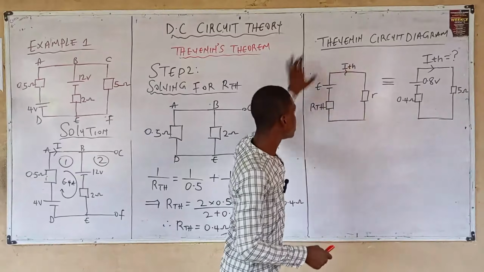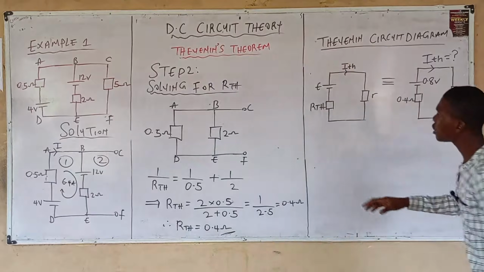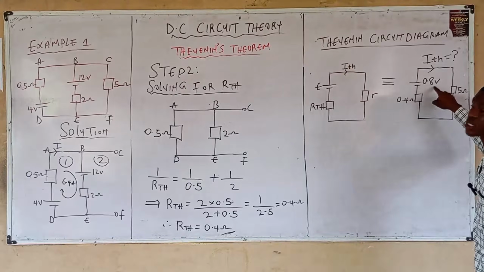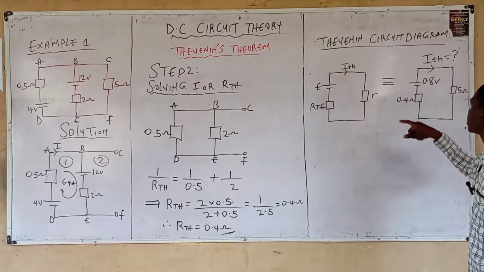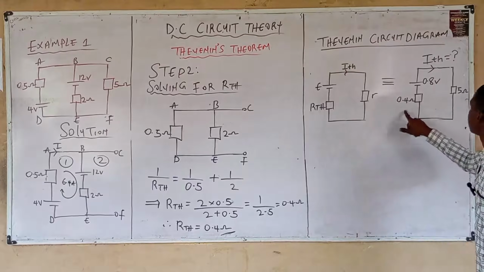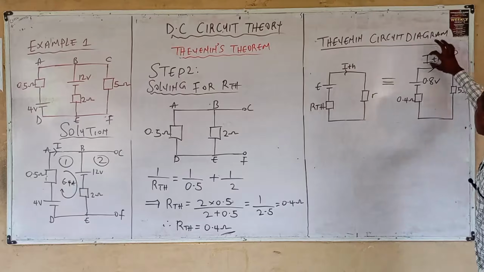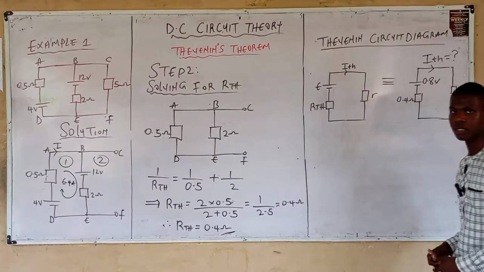So therefore, the Thevenin circuit diagram is equivalent to this. When we did our calculation for E, we got 0.8 volts, meaning the voltage of the load resistor. Then RTH, 0.4 ohms. Then the load resistor itself, we have 5 ohms. Now, what will be the value of ITH?